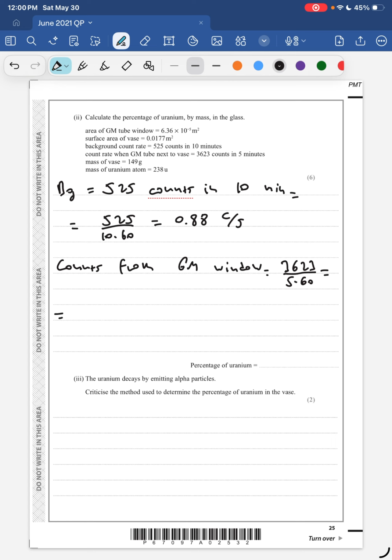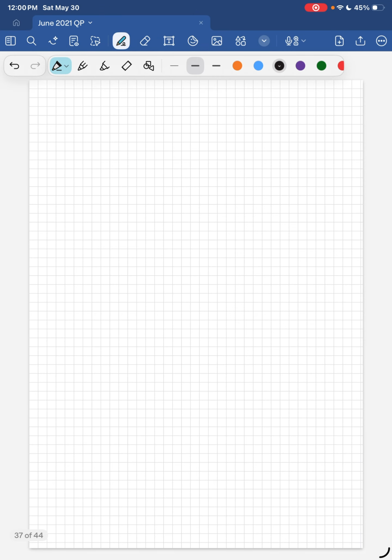This yields 12.08 counts per second. So the corrected count is going to be 12.08 minus 0.88 from the background. So 11.2 counts per second is the true rate. Okay, now I'm going to move to the back of the paper to continue.